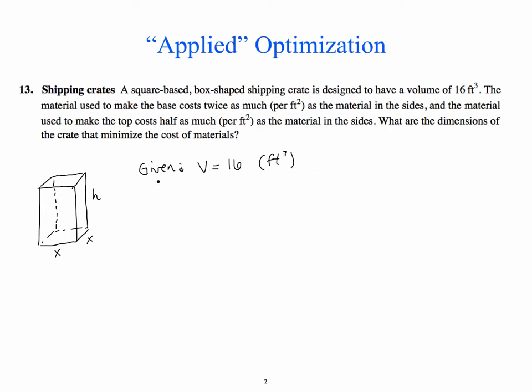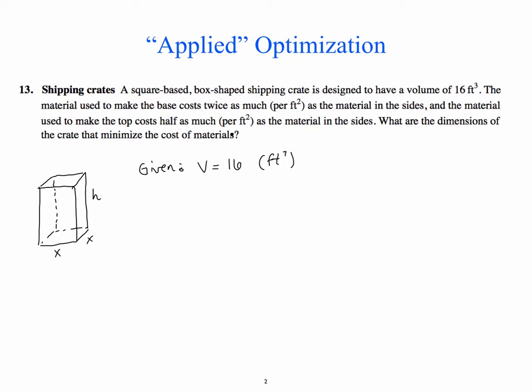Now, they immediately switch to start talking about the cost of the materials to make this box, right? So they say that the base material costs twice as much per square foot as the material on the sides. And then the material used to make the top costs half as much as the material on the sides.